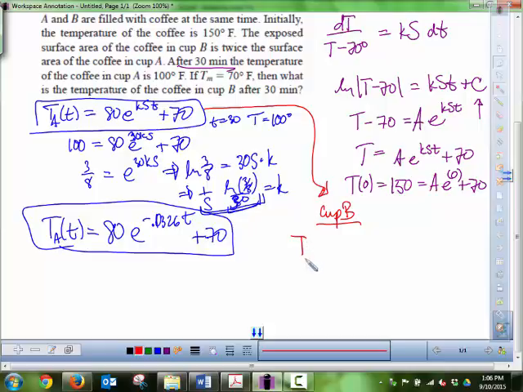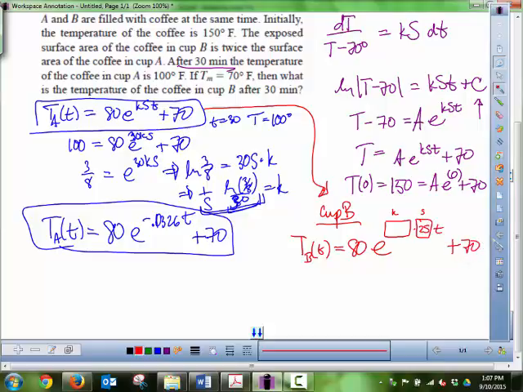So your T sub B of t is equal to 80 e to the whatever K was, I'll put K in there, times, now instead of S it's twice as hot, right? This is your S, so it'll be 2S times t plus 70.